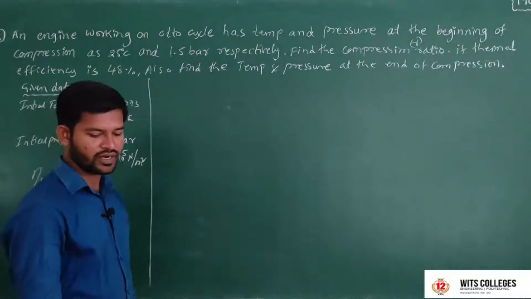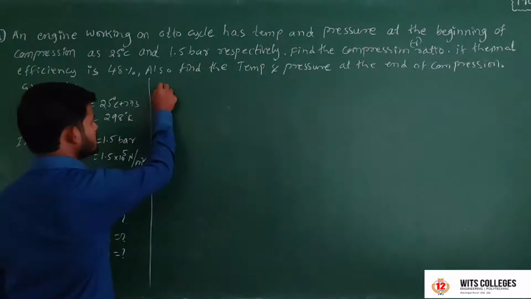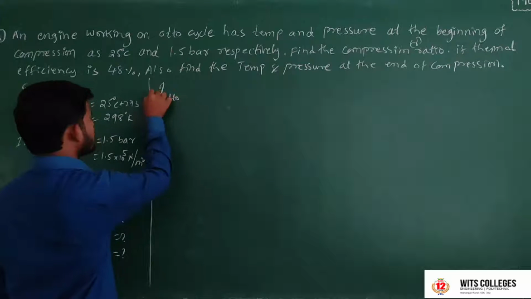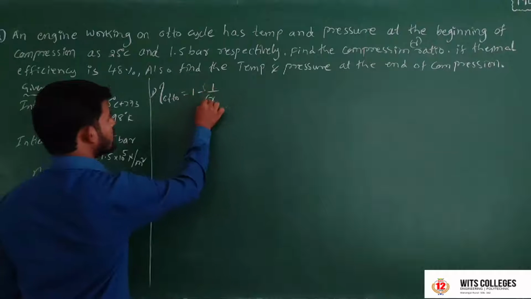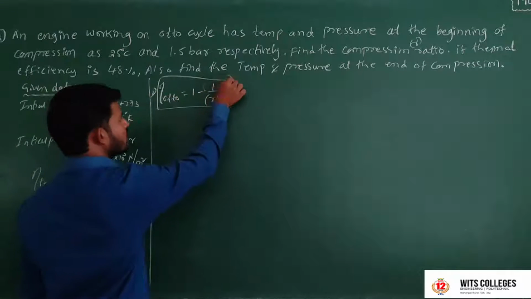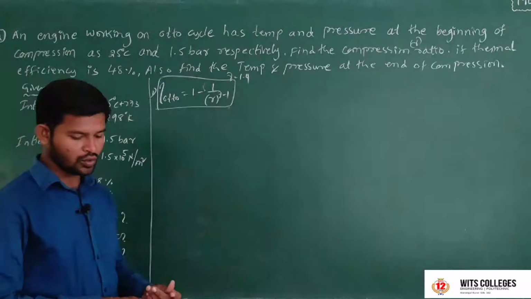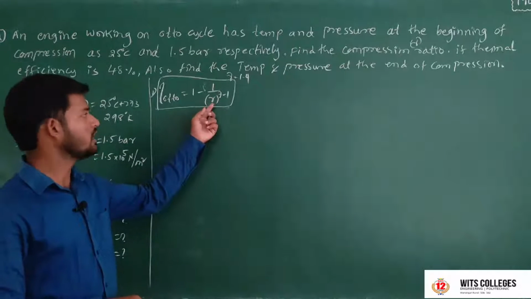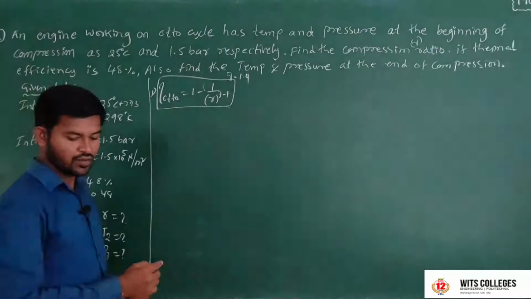Okay, in this one we will first find out the compression ratio. We know the formula of thermal efficiency of Otto cycle, which equals 1 minus 1 by r to the power of gamma minus 1. Here we take the gamma value equal to 1.4. Thermal efficiency of the Otto cycle is given as 48 percent.